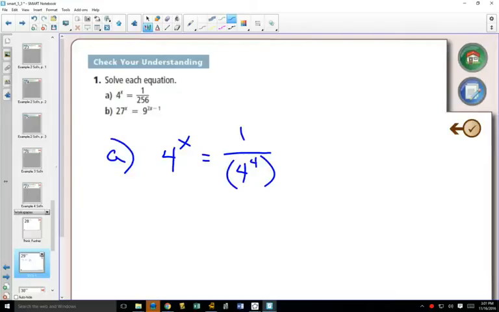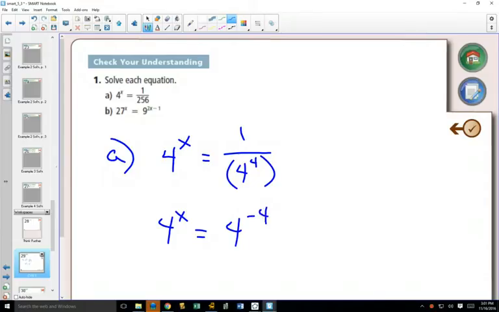Now my goal is to get both sides to be the same base, but on the right-hand side, that 4 is on the bottom of my fraction. So the question is, how could I write this side with a 4 not on the bottom? 4 to the negative 4.